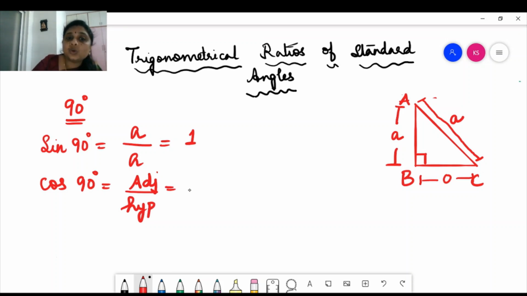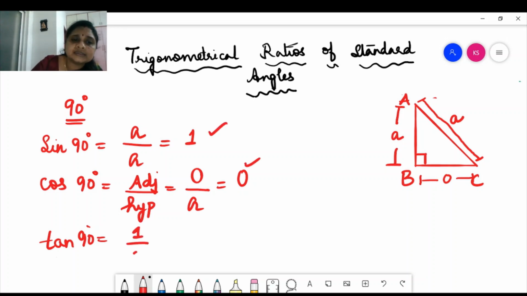So it's 0 by the hypotenuse, which is a. 0 by anything is going to be 0, as we have already discussed. Now, what is tan 90? Tan 90 is the ratio between these two values. So that's 1 by 0. As I've already told you in this video, you cannot divide any number by 0. It becomes not defined in mathematics, so you get infinity there.